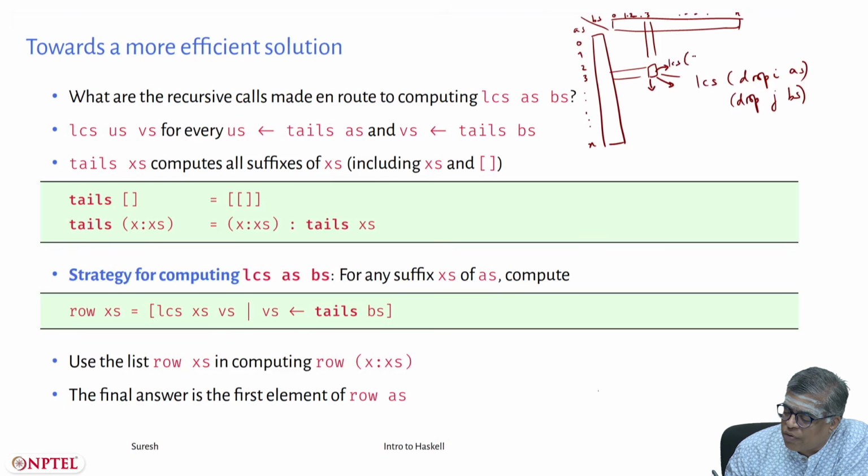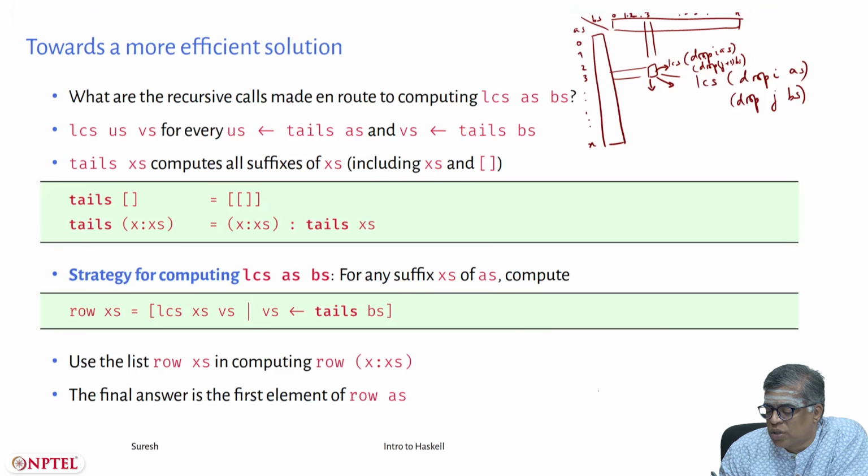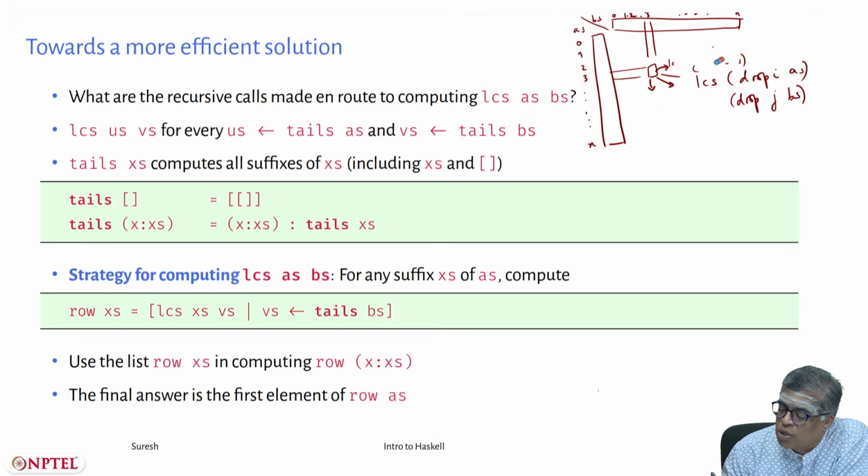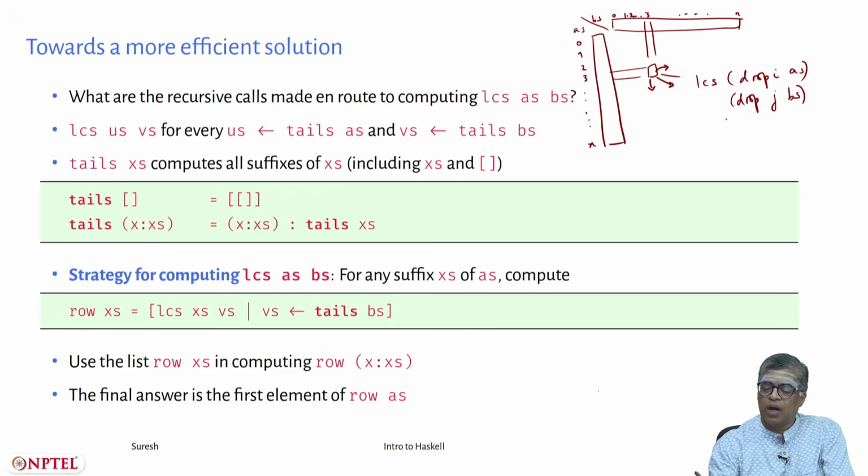So this is LCS of drop i As, drop j+1 Bs, etc. So you get the idea. Essentially what we are doing is trying to fill in a matrix, and you have to fill it in from the bottom right, the bottom row first, and then keep going up.